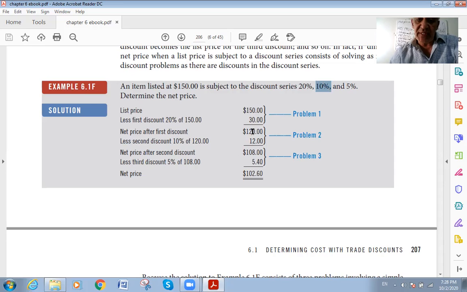So you will take 120 multiplied by 10%, it will give you a discount of $12. So you would say 120 minus 12, it will give you $108. The result of the first stage will go as the list price of the second stage, then the list price of the third stage after deducting the discount of each stage.